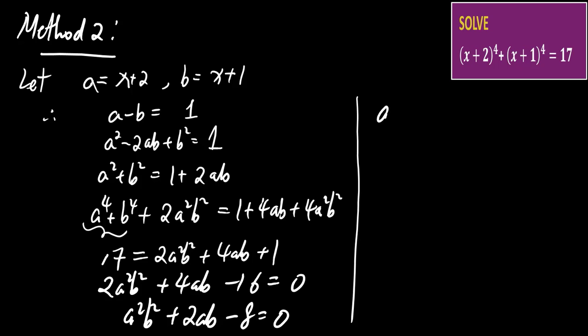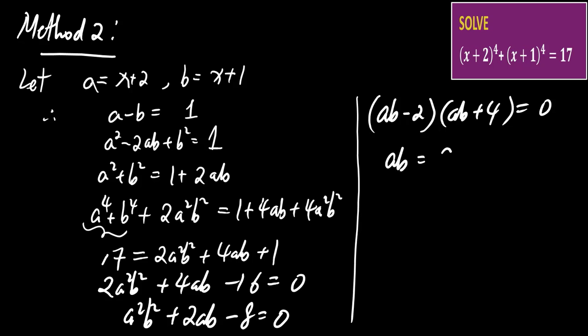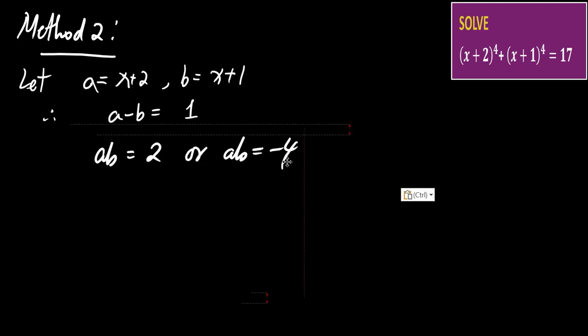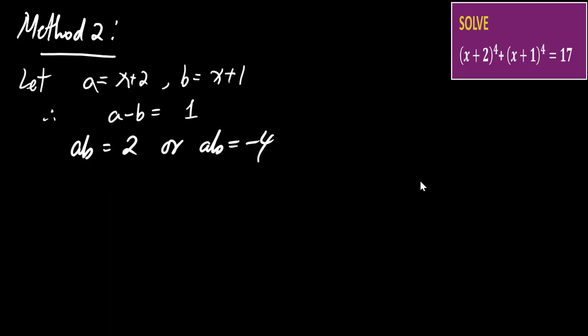We can factorize as (ab minus 2)(ab plus 4) equals 0. So ab equals 2 or ab equals negative 4. This is the conclusion that we have so far: a minus b equals 1, and ab can be either 2 or negative 4.